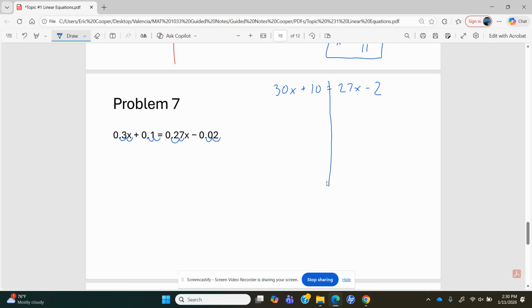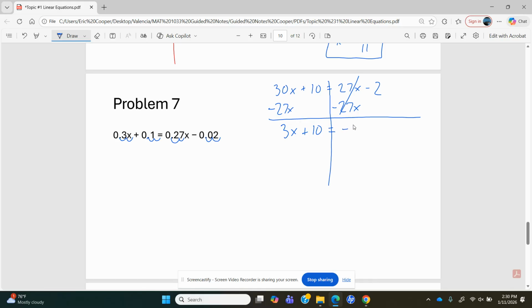My job is to move the smaller of the two x's, so I have 30x and 27x. I'm going to move the 27x. It's a positive 27x, so I'm going to subtract it from both sides, making sure I subtract it from something that is its like term. 30 minus 27x is 3x. We drop the 10 down with it. The 27x is canceled.